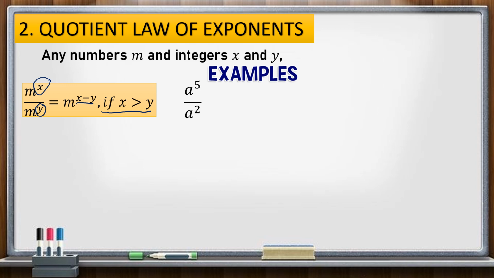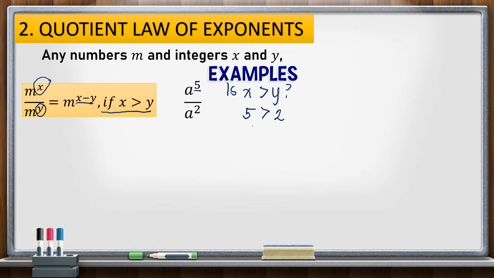Then, let's have this example. a raised to 5 divided by a raised to 2. The first thing that you need to check is: is x greater than y? The value of x is the exponent of your numerator, and that is 5. We will check if 5 is greater than 2.